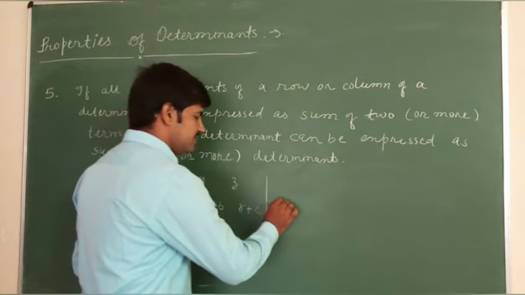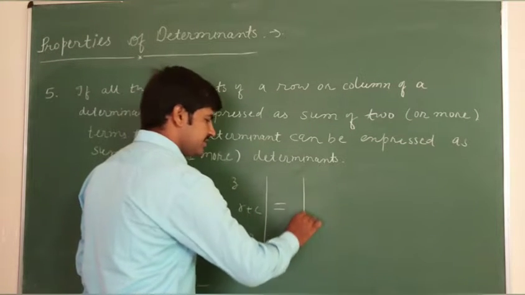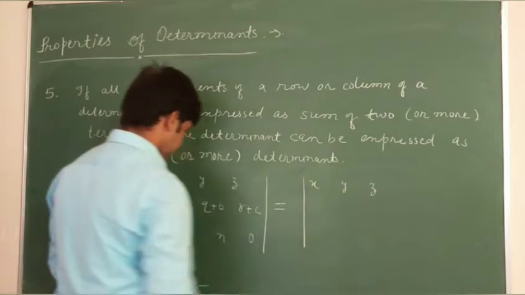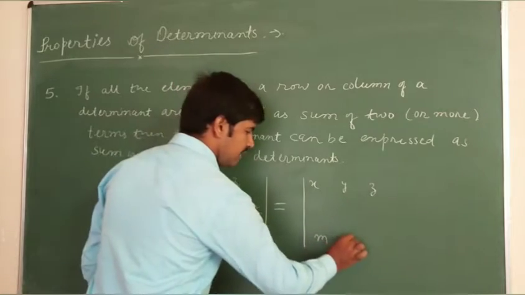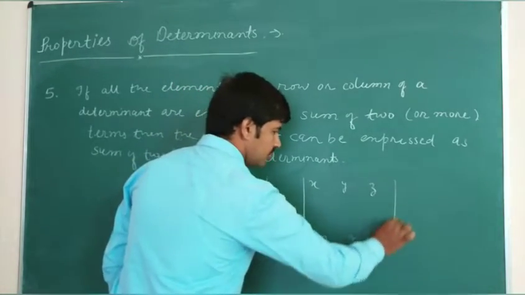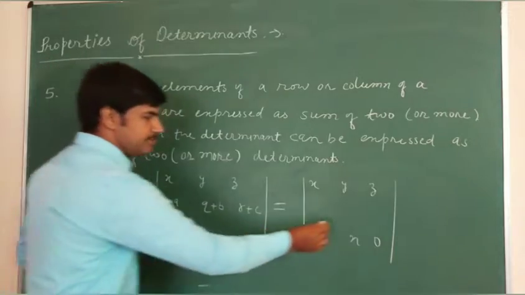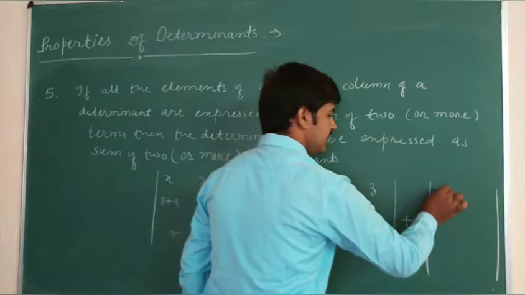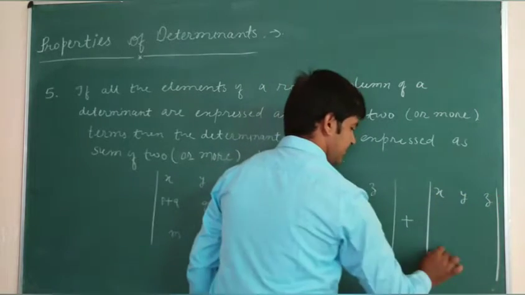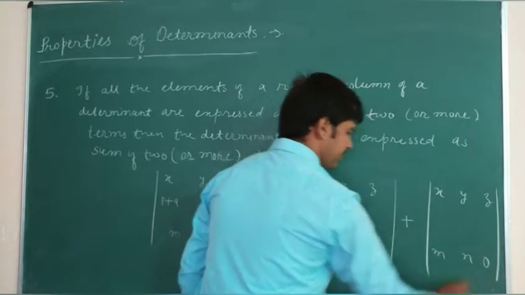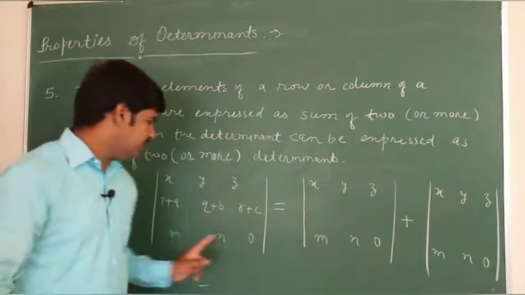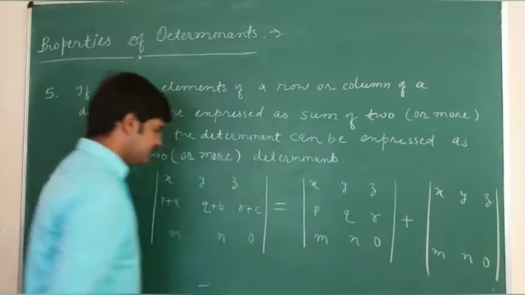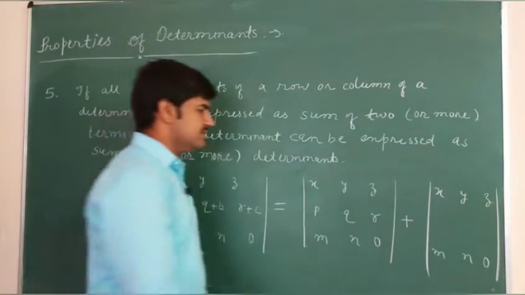See, this particular determinant can be written as the first determinant, here x, y, z, and this is m, n, o, plus another determinant, and in that determinant also it is x, y, z, and this is m, n, o. In the first determinant we will be writing p, q, and r, and in the second determinant we will be writing a, b, and c.